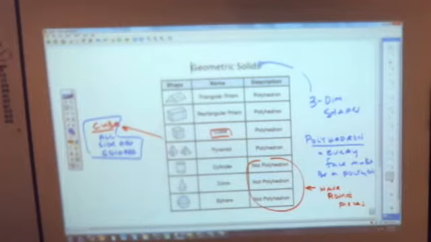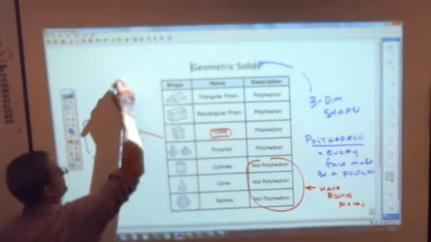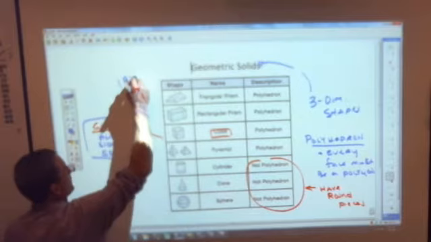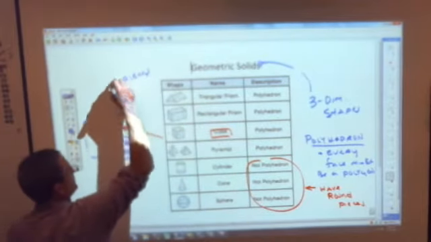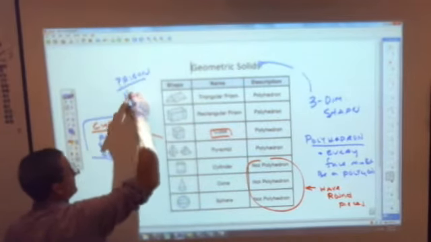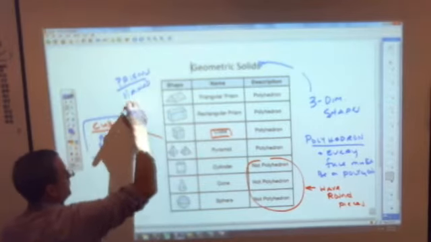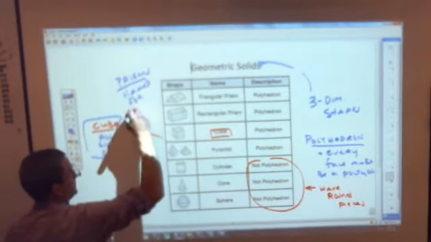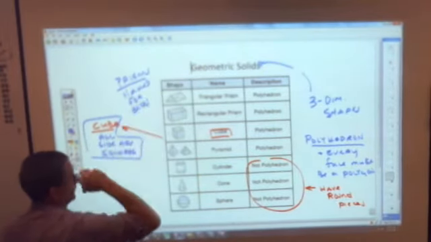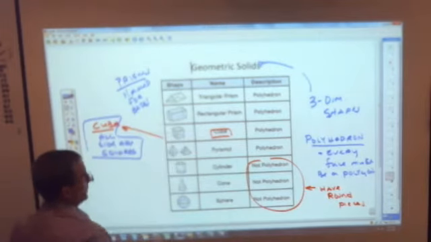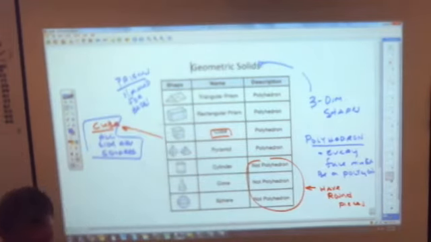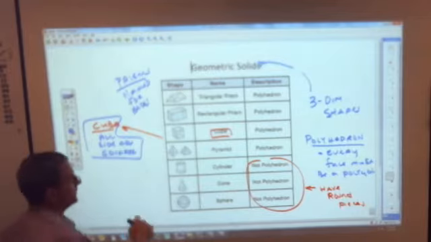The one thing to understand and know is that prisms are named for their bases. Hence the reason why, on your paper, you can see the base side of this shape is shaded.